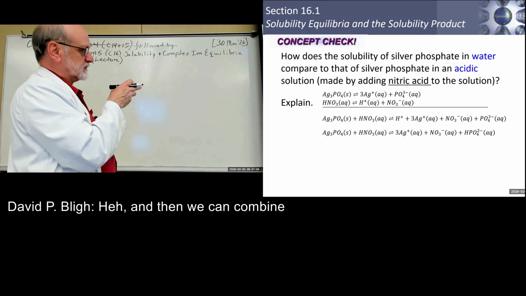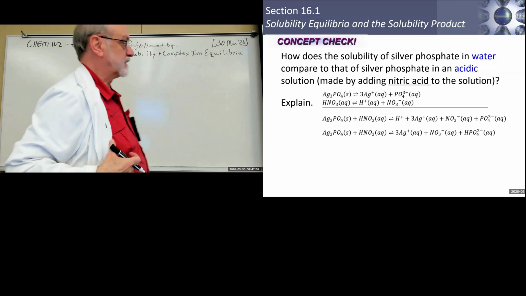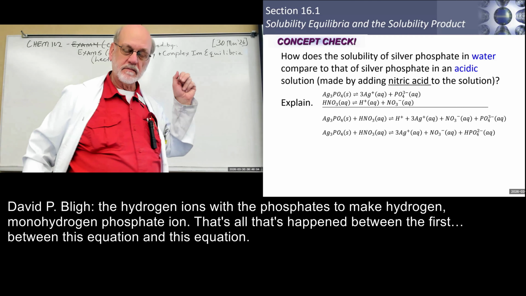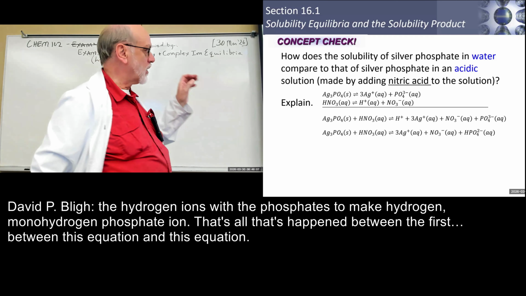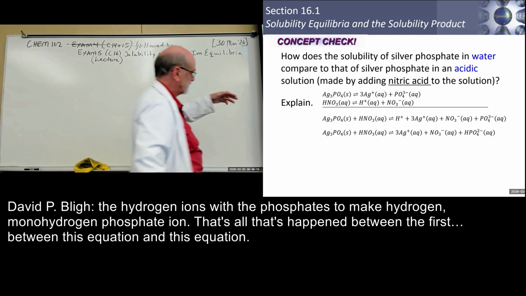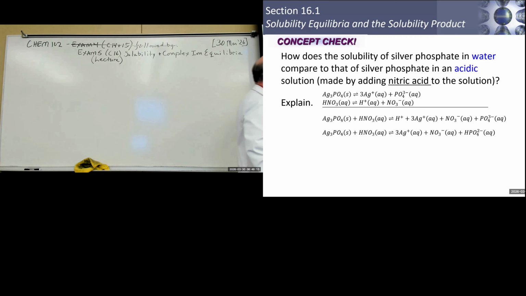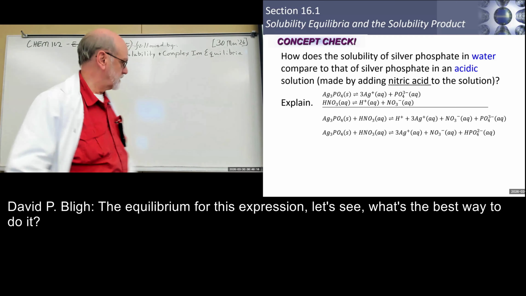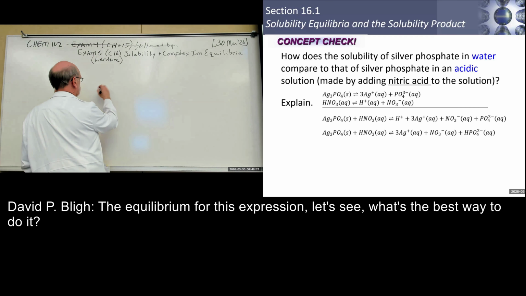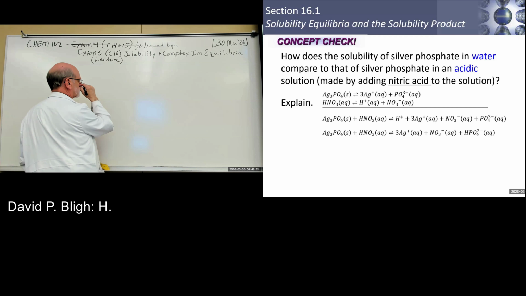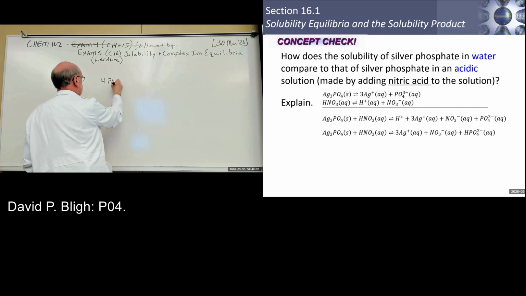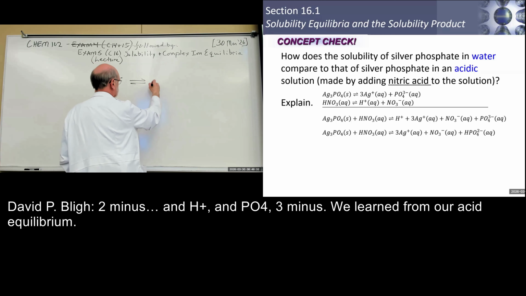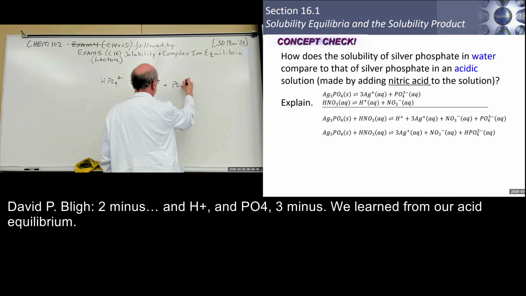And then we can combine the hydrogen ions with the phosphates to make monohydrogen phosphate ion. That's all that's happened between this equation and this equation. Well, we know that the equilibrium for this expression, let's see, what's the best way to do it? HPO4 2 minus and H plus and PO4 3 minus.